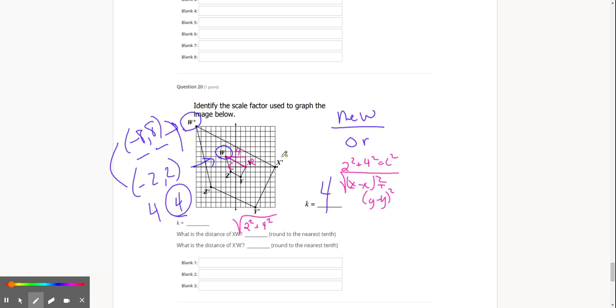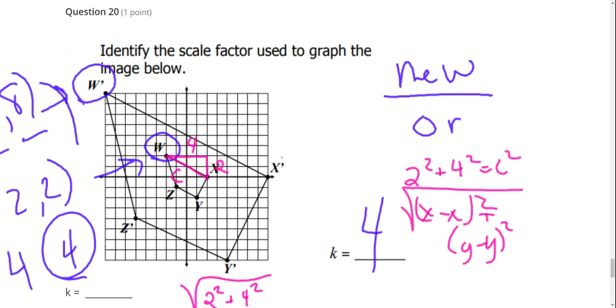Kind of, sort of, maybe. You can do the same thing for W prime, X prime. Make that slope triangle and count. I've got 1, 2, 3, 4, 5, 6, 7, 8. All I'm using is Pythagorean theorem. This is a right triangle. So then 1, 2, 3, up to 16.